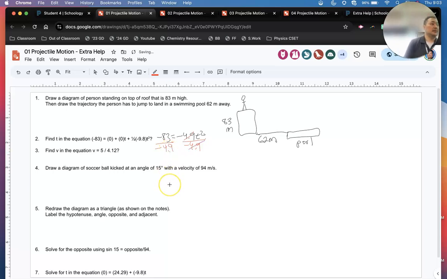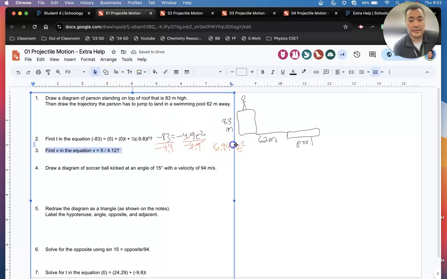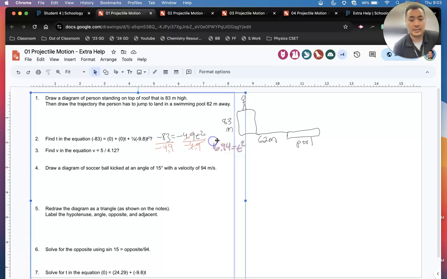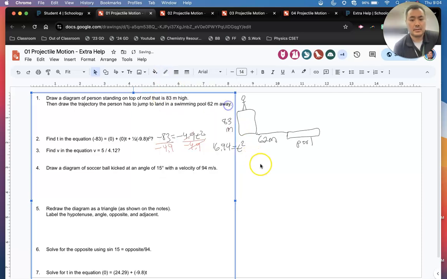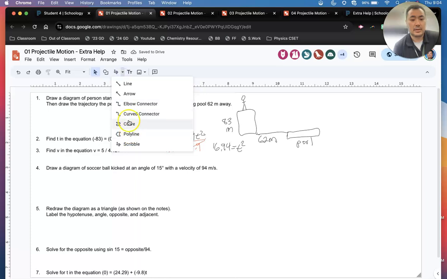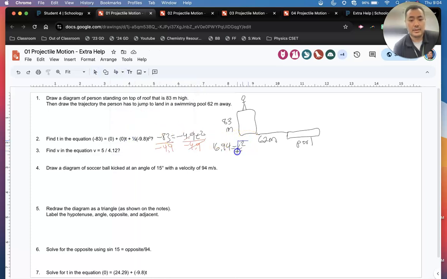I'm going to ask Carlos to do that. Carlos, grab a calculator. 16.94 equals t squared. Now we'll go to Raphael. What is the next step? All right, let's do that. Square root, everybody.